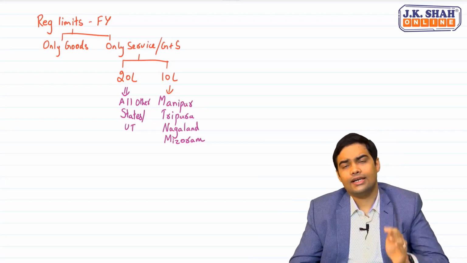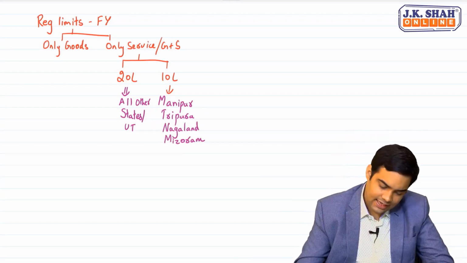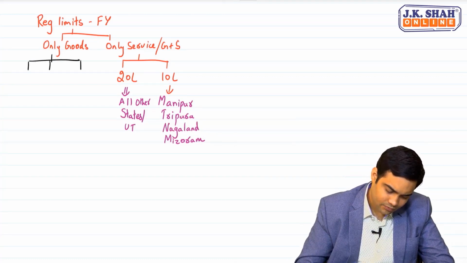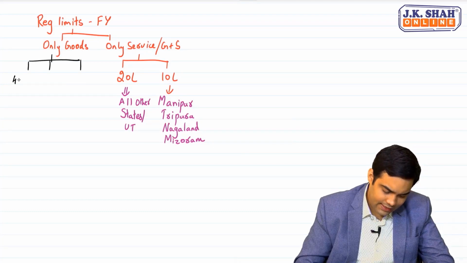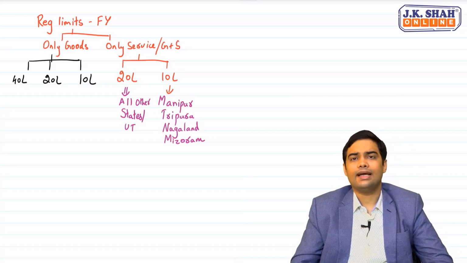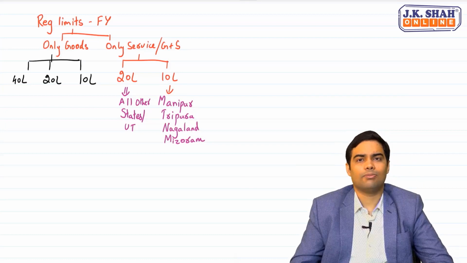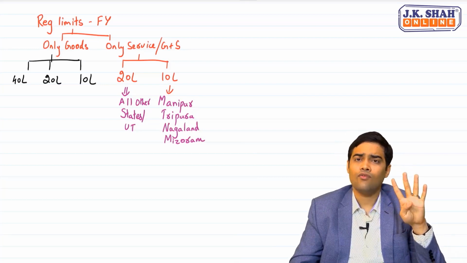Talking about supply of only goods. If I only supply goods, in that case, 3 limits are there. One is 40 lakh, one is 20 lakh, and the last one is 10 lakh. So, the government has given a benefit. If a person is only supplying goods, then he can enjoy a higher registration limit of 40 lakh.